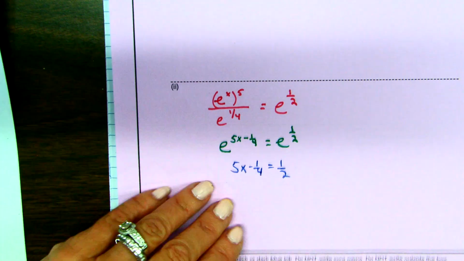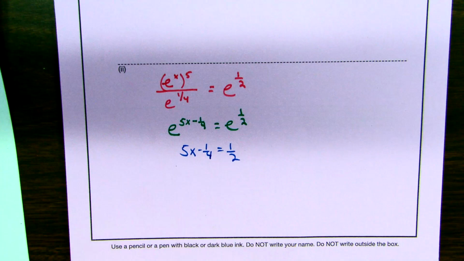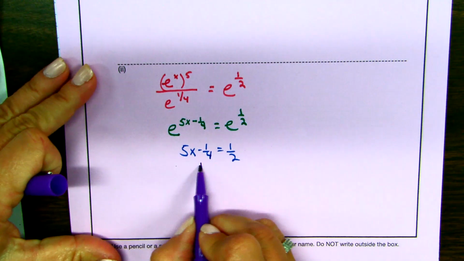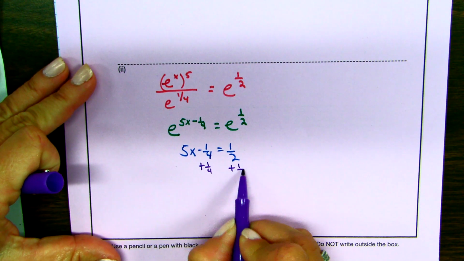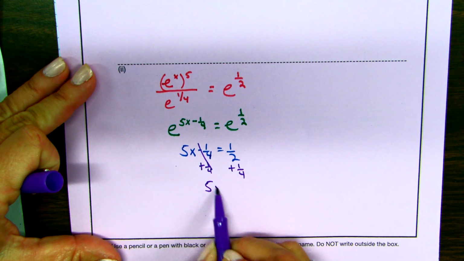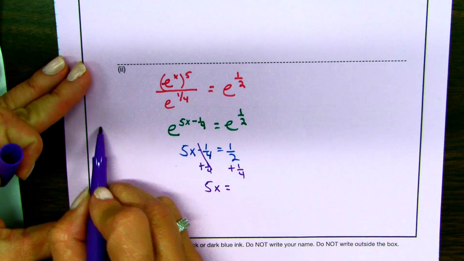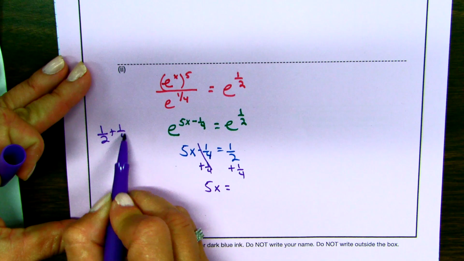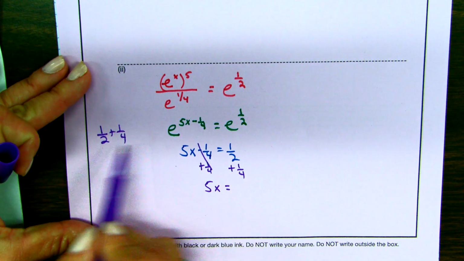Okay? And so then I would add 1/4 to both sides. Again, I'm not using a calculator, but we have practiced a lot this year, especially in the trig unit, finding a common denominator. Not that you have to show this step. I think a lot of you know that that's 3/4.